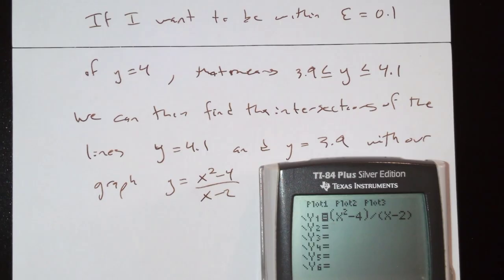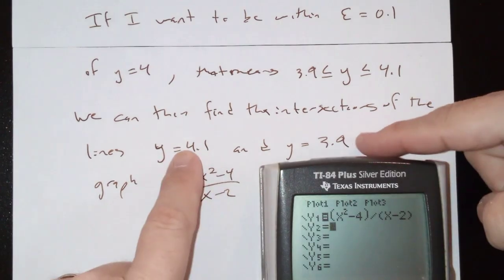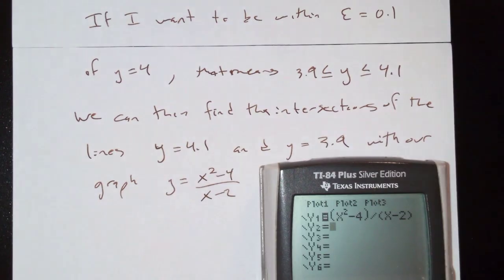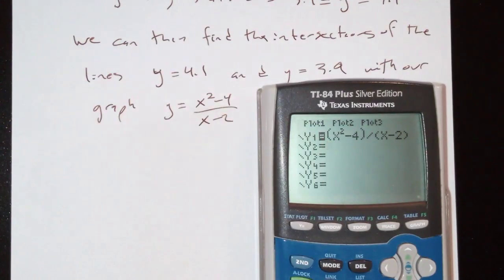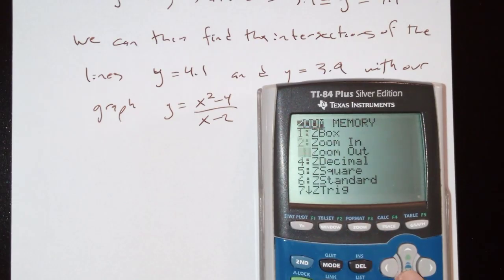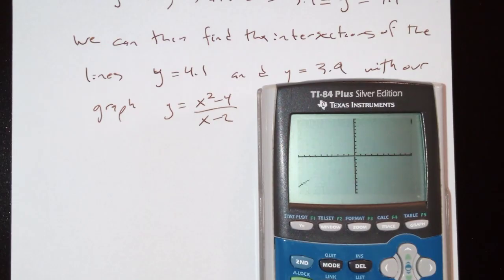Then I'm going to graph these two. And now my goal is to make the picture we were just looking at on paper on this screen. So I'm going to go to the standard window, zoom option 6 to start.